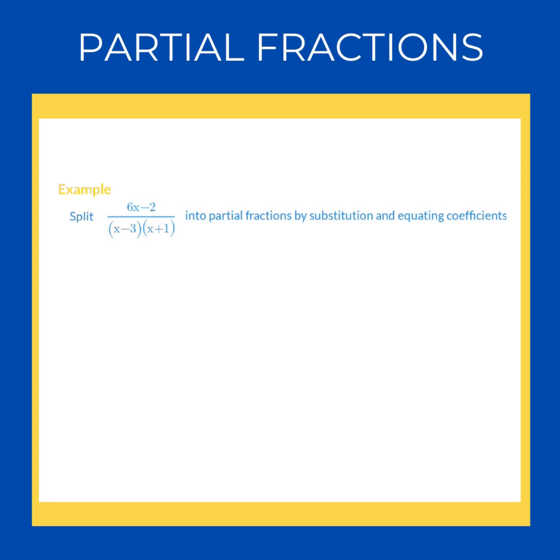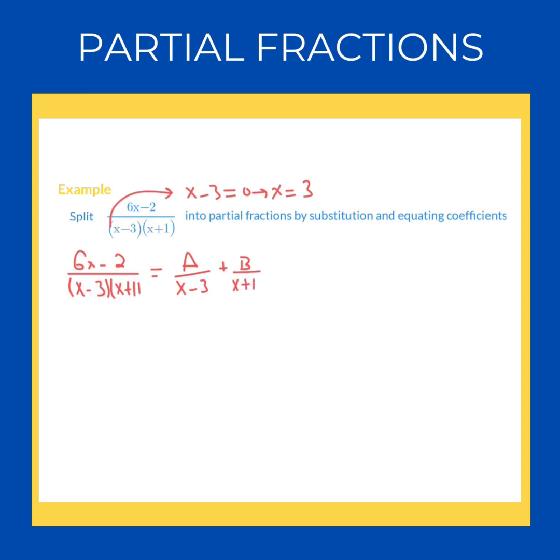So we have 6x minus 2 over x minus 3 times x plus 1 equal to a over x minus 3 plus b over x plus 1.